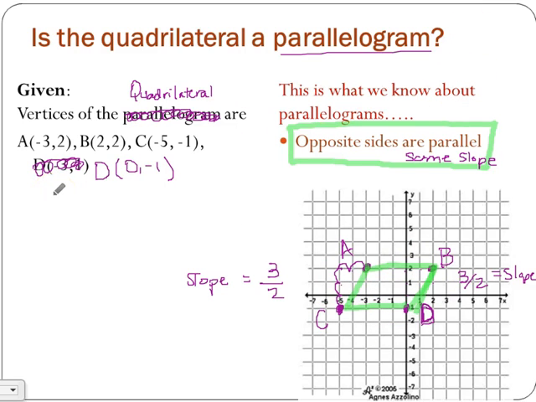So again, we're using more of the properties that we learned about parallelograms to help us solve problems and to really back up our answers. Not just draw the shape and say, well, it looks like a parallelogram. I want you to take a step further and use what you learned to defend your answer. Going on to the next slide.